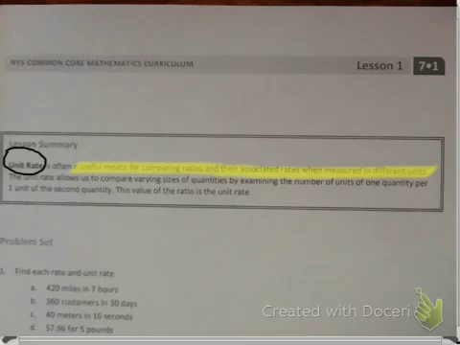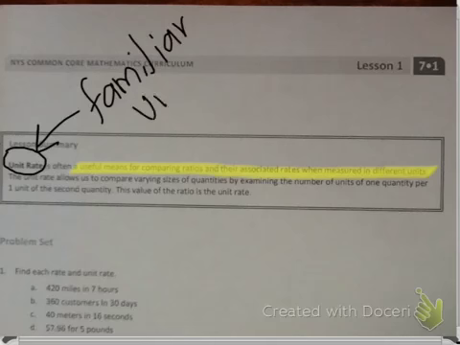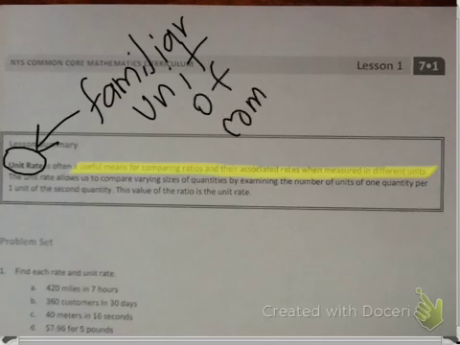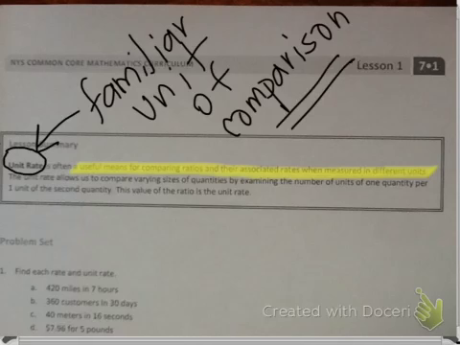They try to get a familiar unit, and that's what the unit rate does. It tries to come up with a familiar unit of comparison, and it makes it much easier to compare. When you go to the grocery store with your mom or your dad, you've probably seen this before. The unit rate allows us to compare varying sizes of quantities by examining the number of units of one quantity.